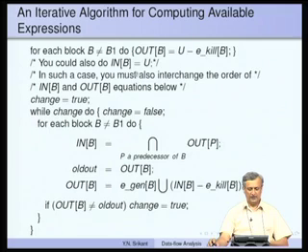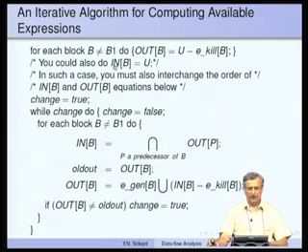How do you implement this available expression computation? As usual the data flow analysis requires a while loop. It is very similar to the loop that we saw before, and the initialization is slightly different. So, for each block b not equal to b1, out b equal to U minus E kill.